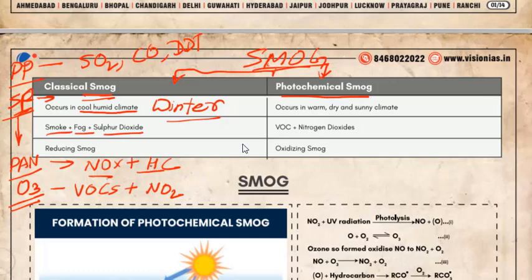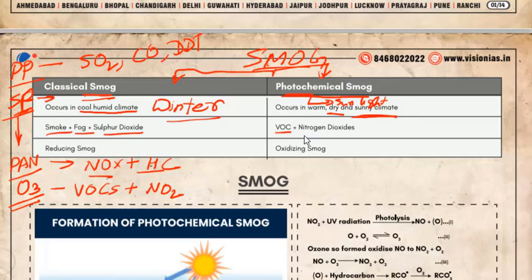Whereas photochemical smoke occurs in the dry and sunny climate. In this also you can see the word photo means in presence of sunlight. So for forming the photochemical smoke, there is a requirement of sunlight, so it is written here sunny climate. How does this photochemical smoke form?